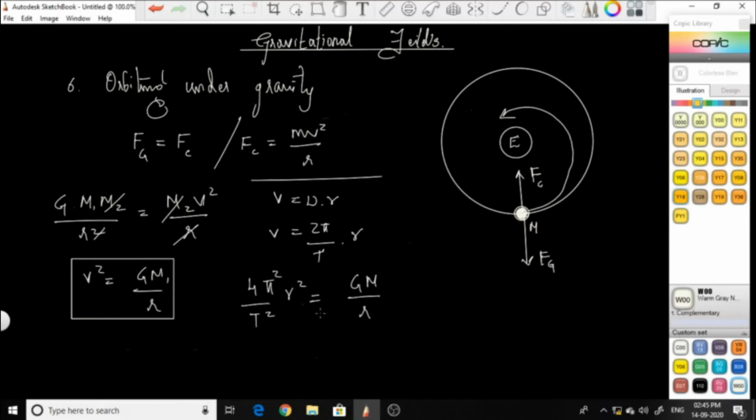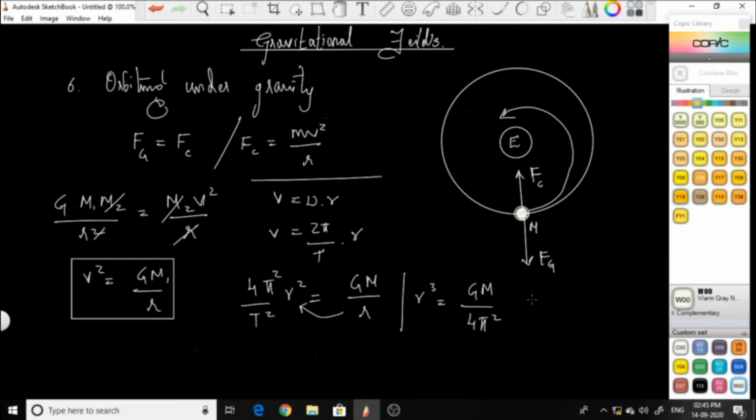We see r cube is equal to G M over 4 pi square times t square. In this equation only r and t are variables; all other parameters are constant. G is a constant, the mass of the planet is a constant, and 4 and pi square are also constant. So this is the relation.